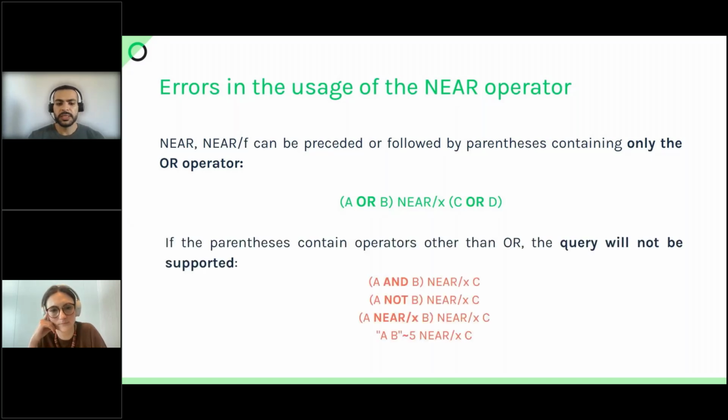If the parentheses contain other operators, such as AND, NOT, NEAR, or the proximity operator, they will not be supported, and the query will return an error message. Like the examples that we have here, where we are using the AND, the NOT, the NEAR, or the proximity operator along with the NEAR operator.